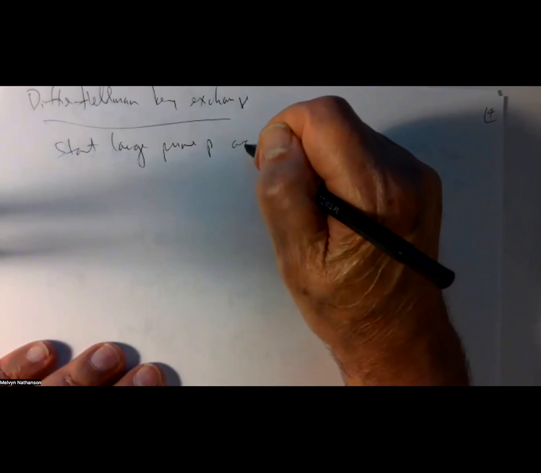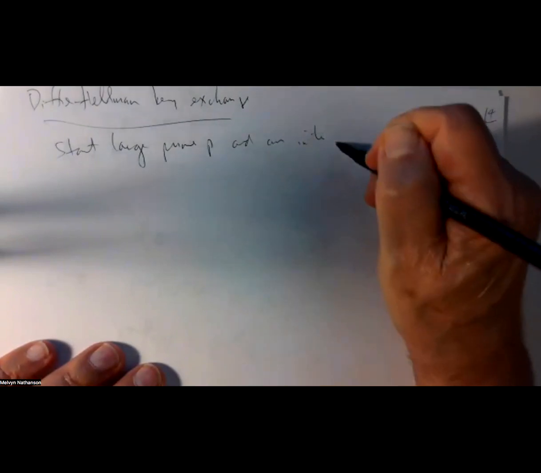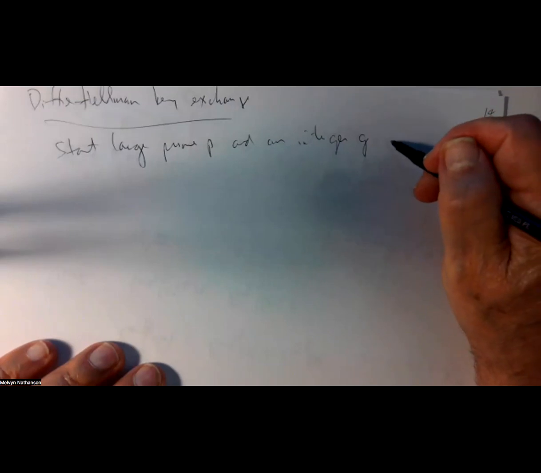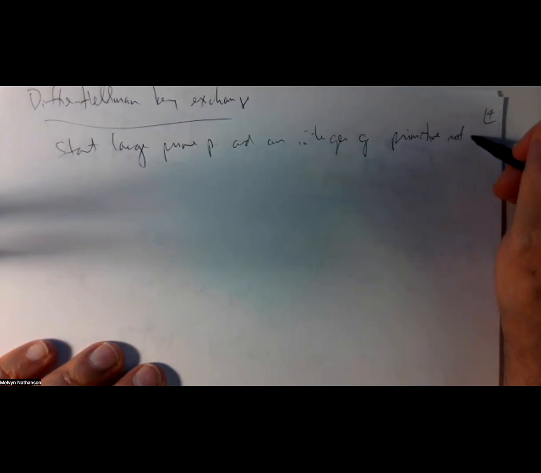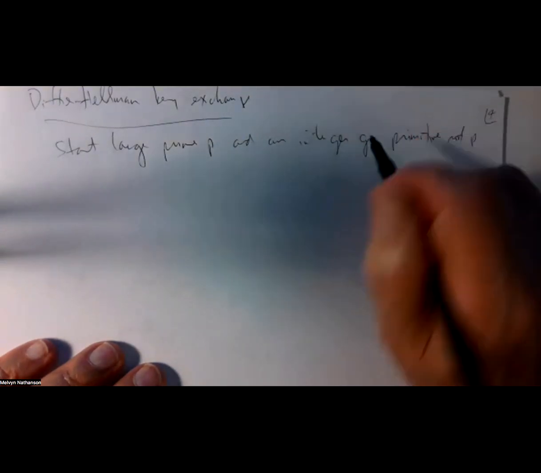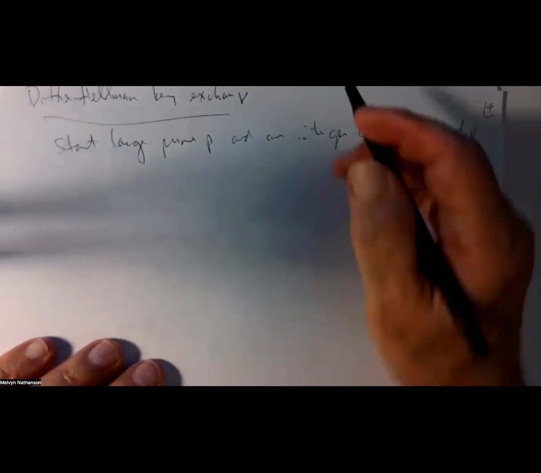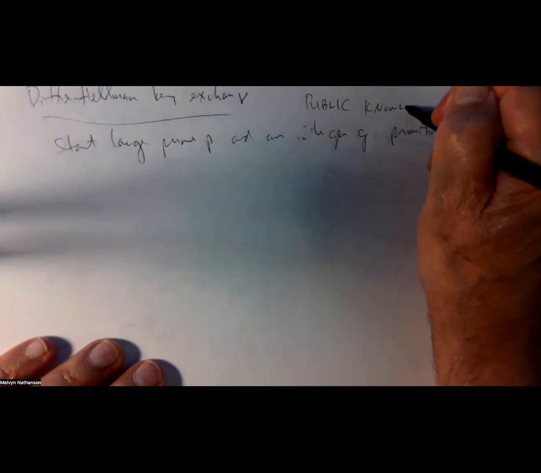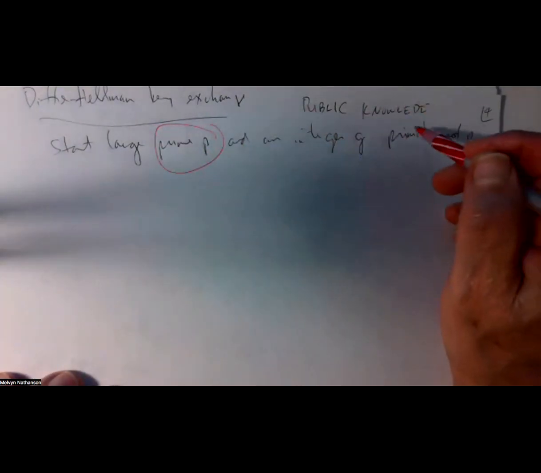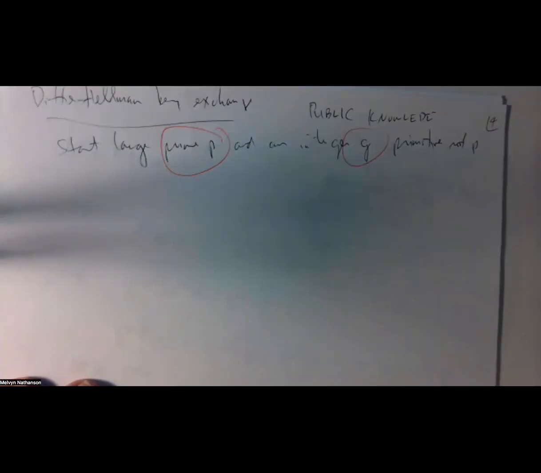And an integer G, which might be a primitive root mod P, or it just might be a number that's not necessarily a primitive root, but when you take its powers, you get a very large number of different congruence classes mod P. So this is public knowledge. The whole world knows what is the prime P and what is the primitive root G. Okay, this is not a secret.